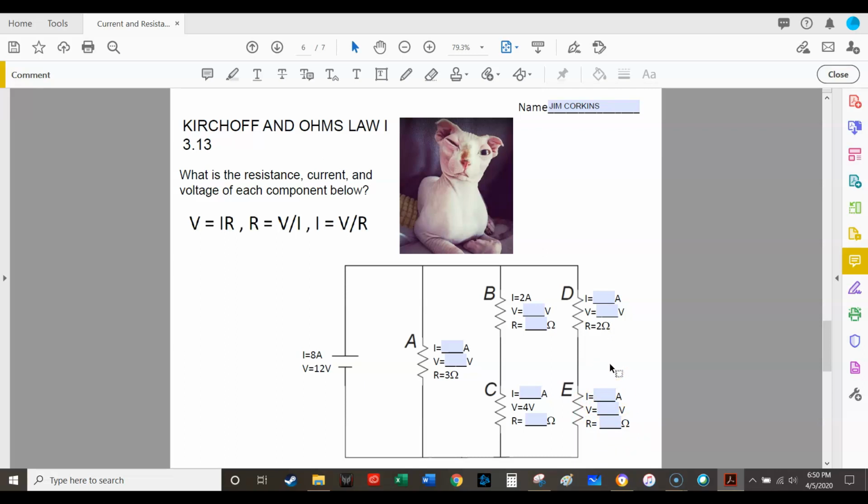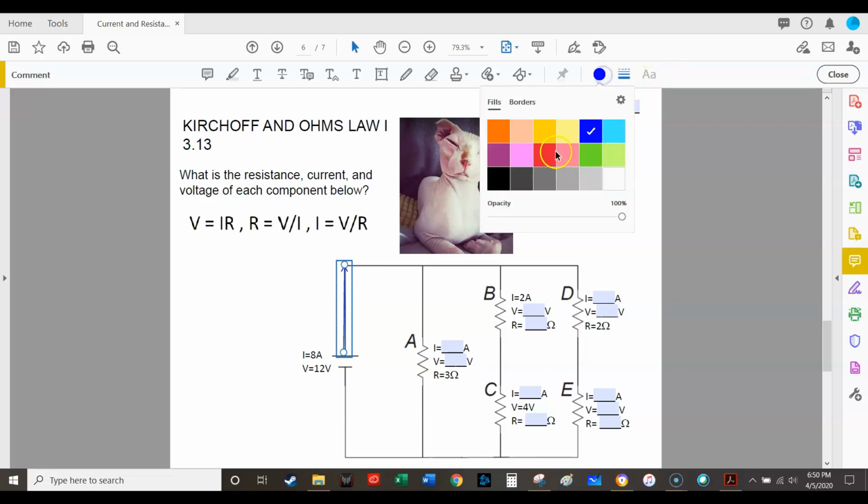All right, here we go. So we know 8 amps is leaving. I'm going to go ahead and start off with Kirchhoff's junction rule. And again, I'm going to be using a red current.